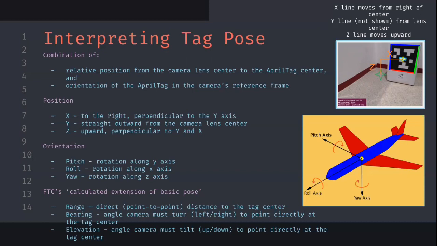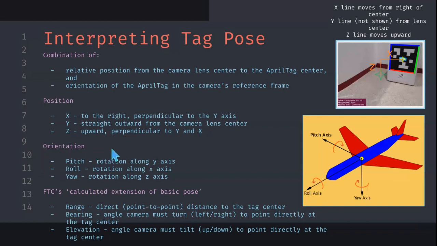Y is straight outward from the camera lens center, and Z goes upwards and perpendicular to X and Y. You can see in this image to the right, the X line moves from the right of the center. The Y line is not shown, but it goes from the lens center, and the Z line moves upward.